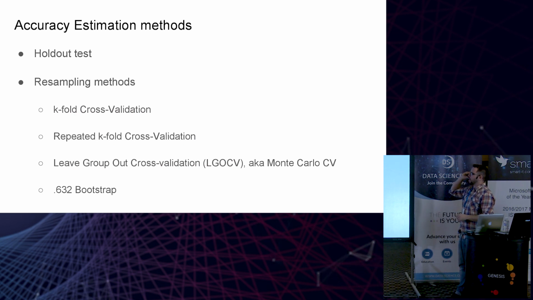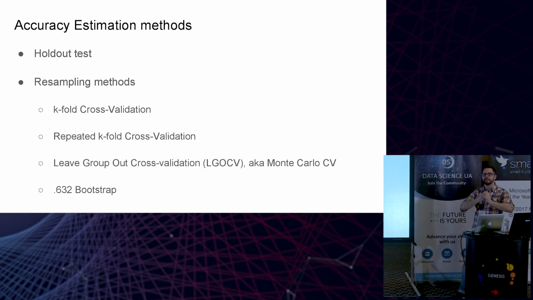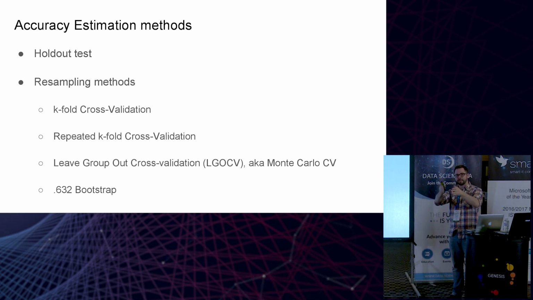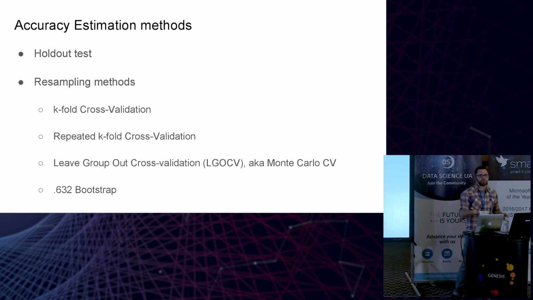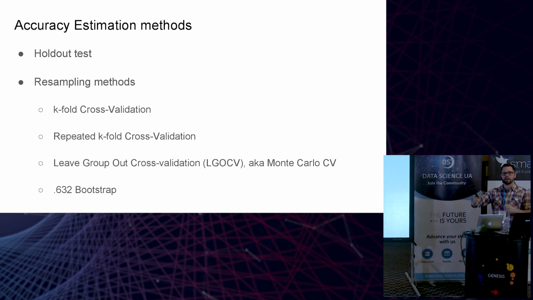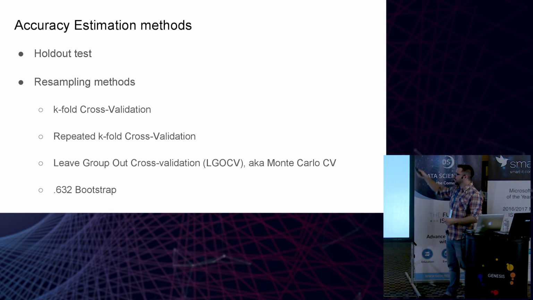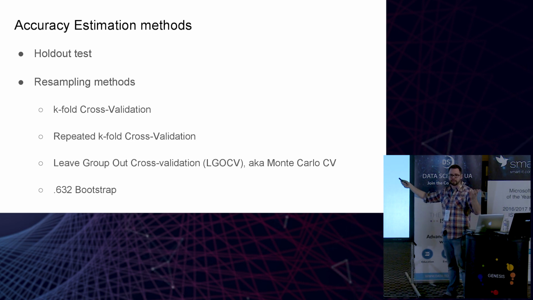Okay, so there are many accuracy estimation methods. Probably the most famous one is the holdout test. You just split the data in training and test. So for example, a normal split will be 70% training, 30% test. You just do it once, you fit the model in the training set, and then you get the error on the holdout test. And there are some resampling methods, like the most famous one, k-fold cross-validation, and the most famous one actually is when k is equal to 10.